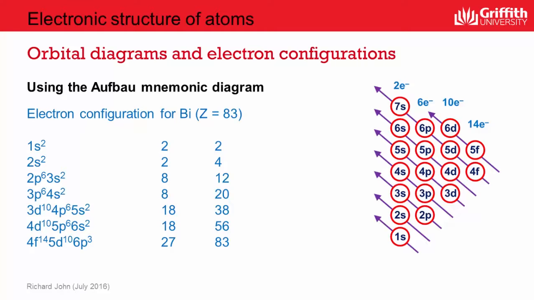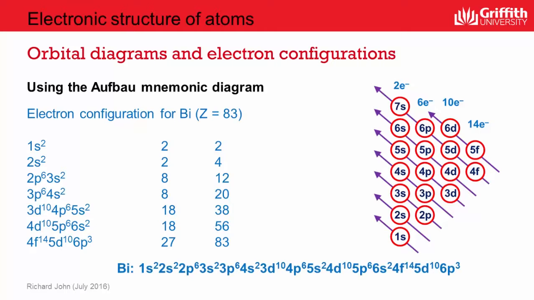So the overall electron configuration then is just putting all of these together. So 1s2, 2s2, 2p6, 3s2, 3p6, 4s2, 3d10, 4p6, 5s2, 4d10, 5p6, 6s2, 4f14, 5d10 and 6p3. So much for it being a shorthand notation.